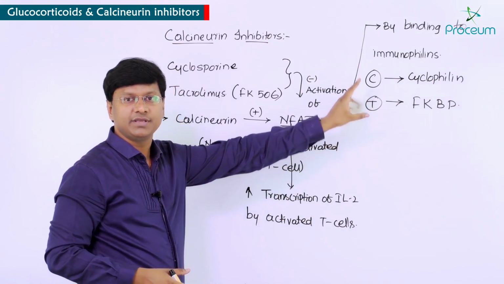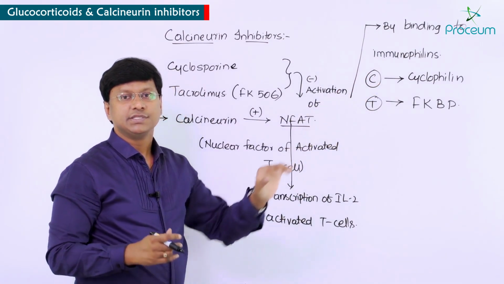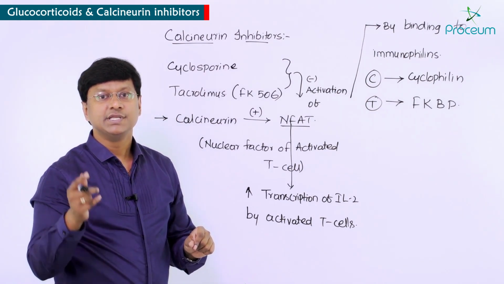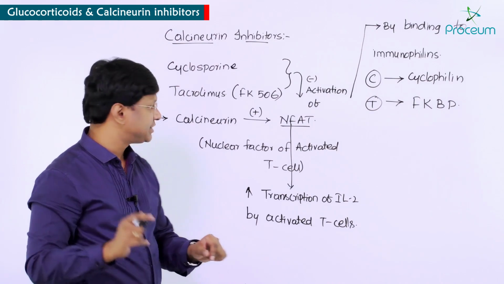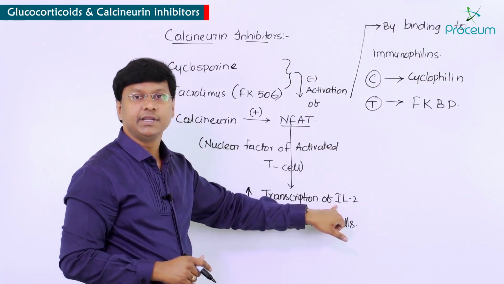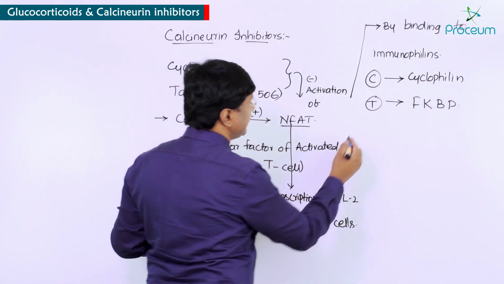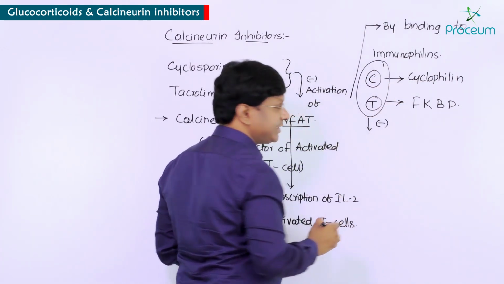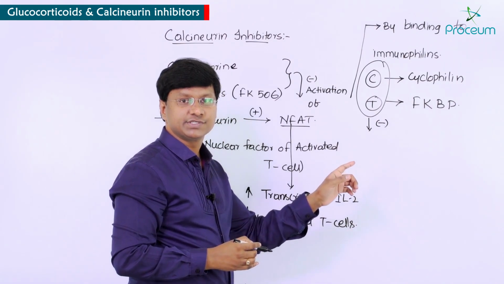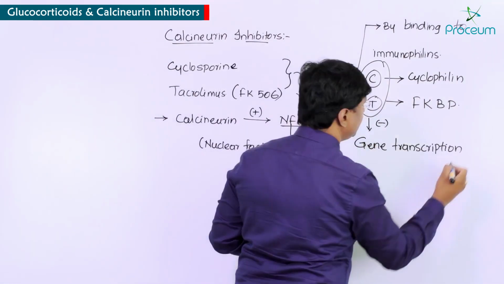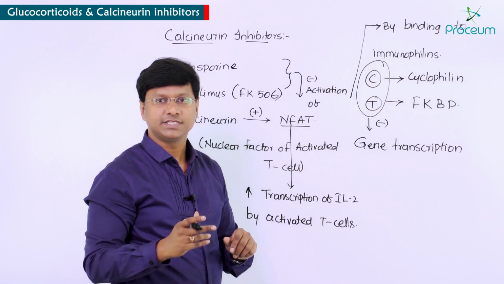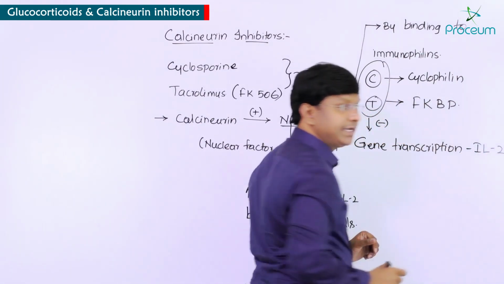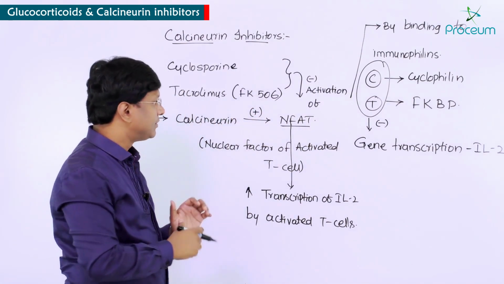Cyclosporin and tacrolimus bind to the immunophilins. The net result of administration of these drugs is inhibition of the gene transcription of interleukin-2.